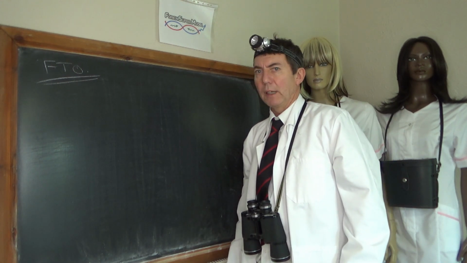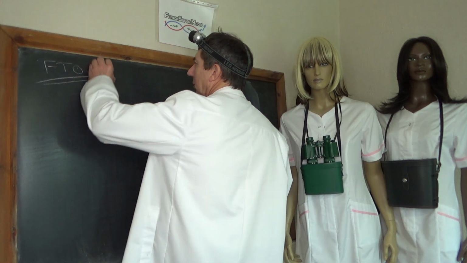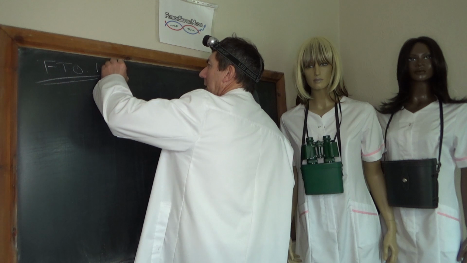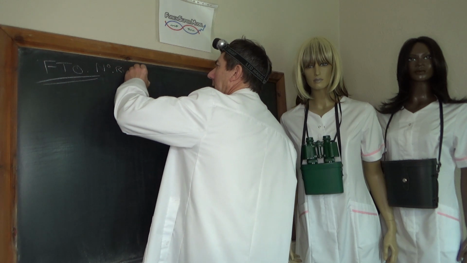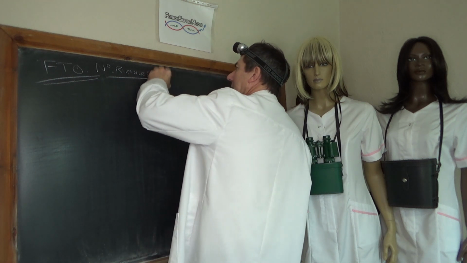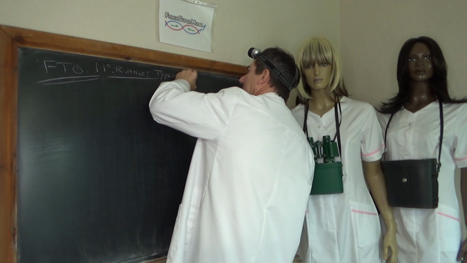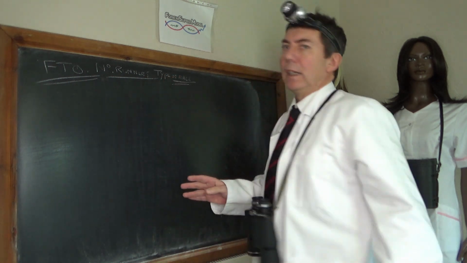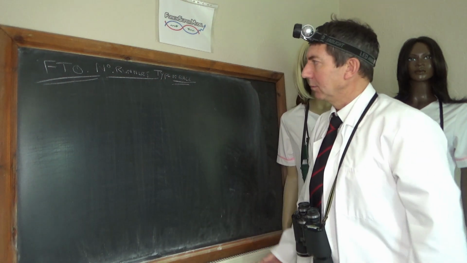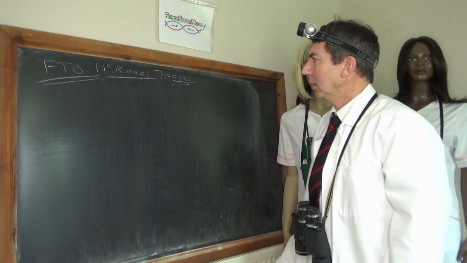So that's something else to bear in mind. So you've got FTOs, the number of runners. These are all relative, and the type of race really. That's the starting point.